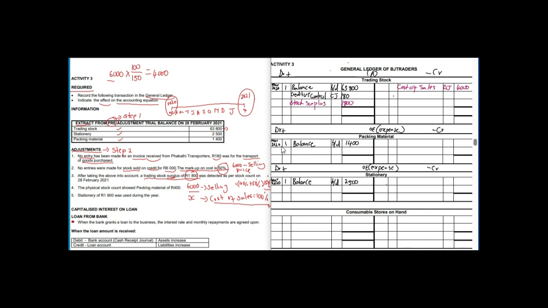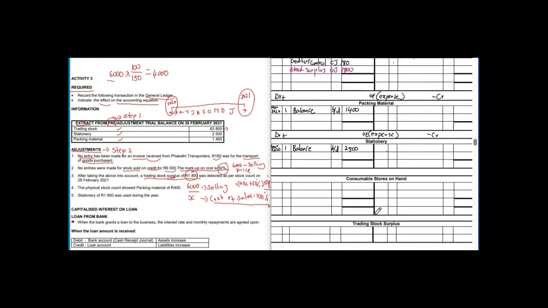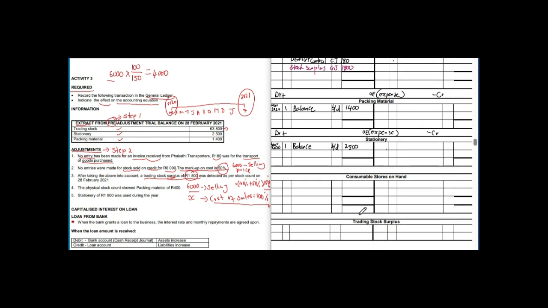And then it's going to go to our general journal, GJ. Since we have a trading stock surplus of 1,800, they have provided us with a trading stock surplus account. Meaning one account is debited, so another account must be credited.